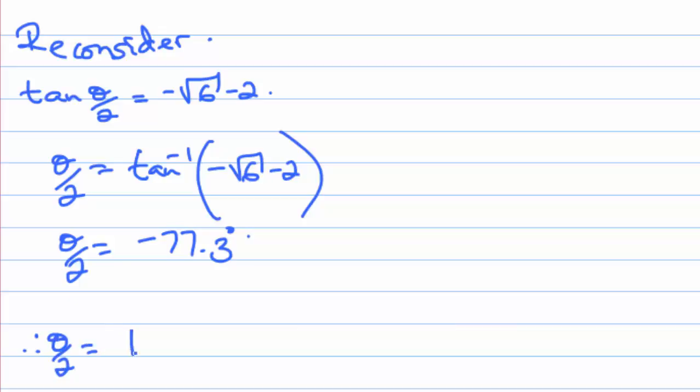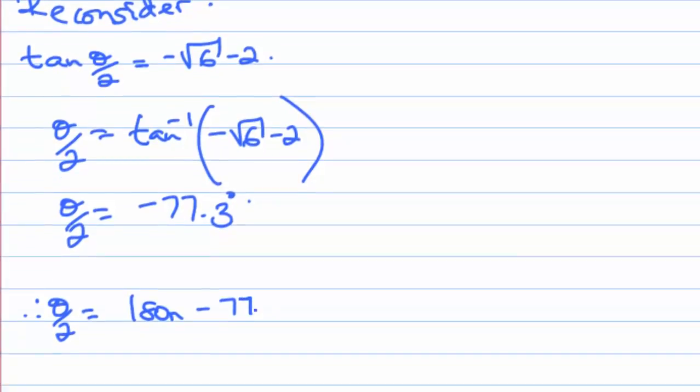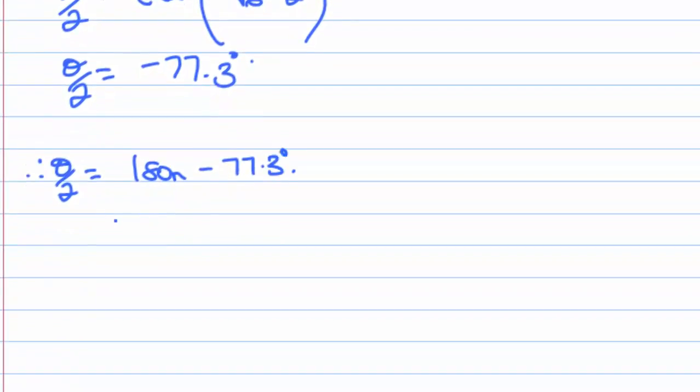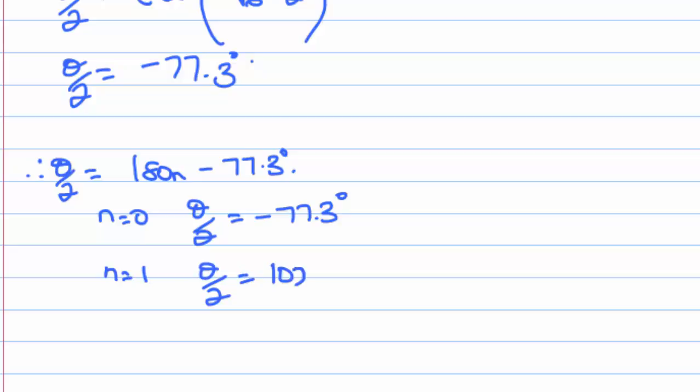So theta over 2, if I want to get the other angles, I'll replace it in the formula that I wrote previously, 180n minus the principal value, which is 77.3 degrees. And when n is equal to 0, theta over 2 is equal to negative 77.3 degrees, and when n is equal to 1, it is equal to 102.7 degrees.